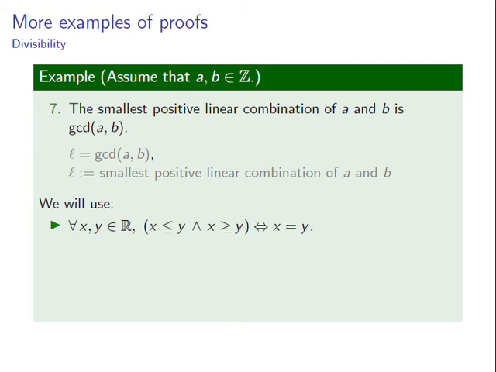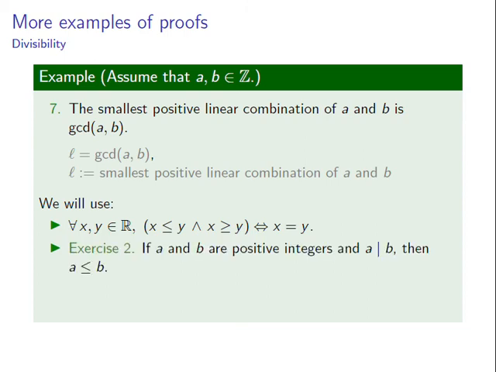For any real numbers x and y, the condition x is less than or equal to y and x is greater than or equal to y is equivalent to x is equal to y. This statement can be proved using propositional calculus and the trichotomy axiom for real numbers.